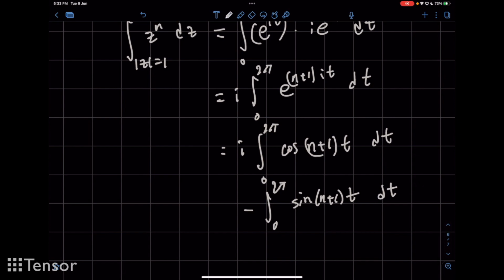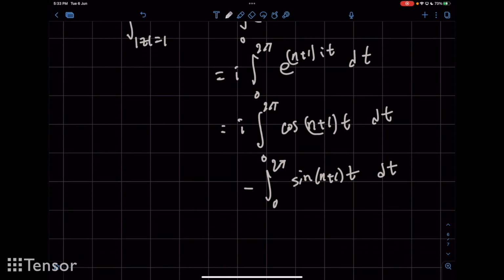Okay, and both of these integrals are 0 because cosine and sine are periodic functions with period 2 pi. So both of these integrals are 0, so this is 0.